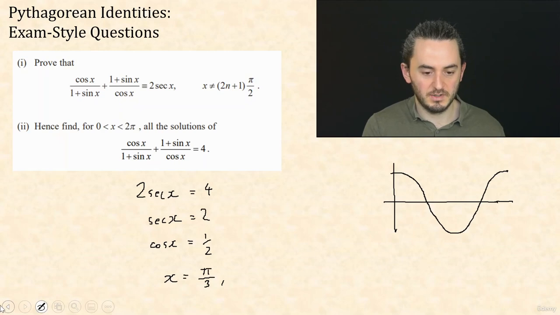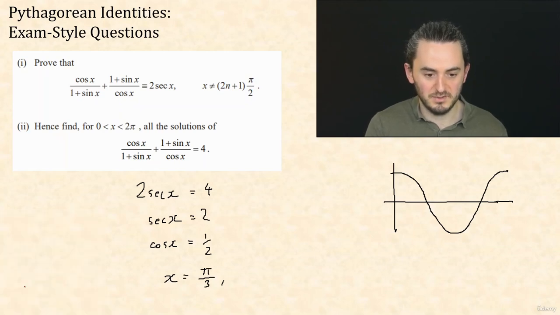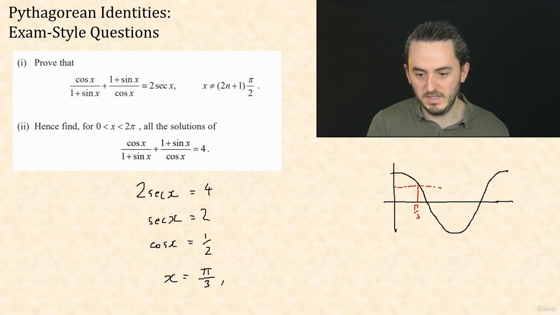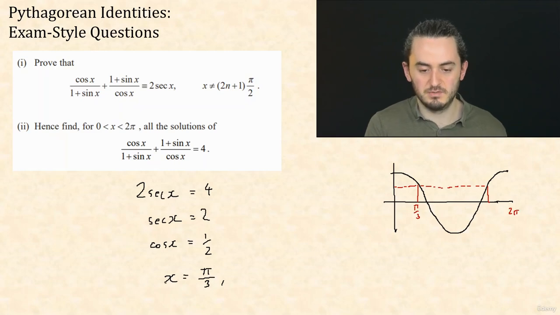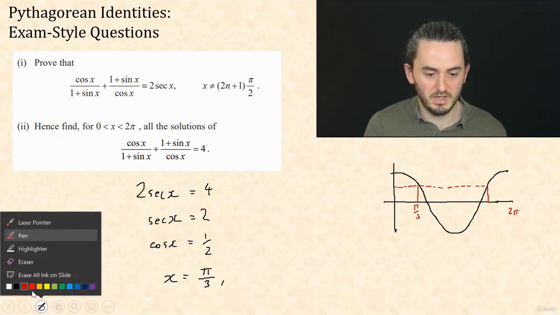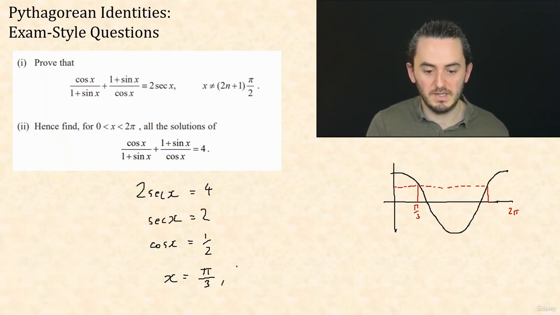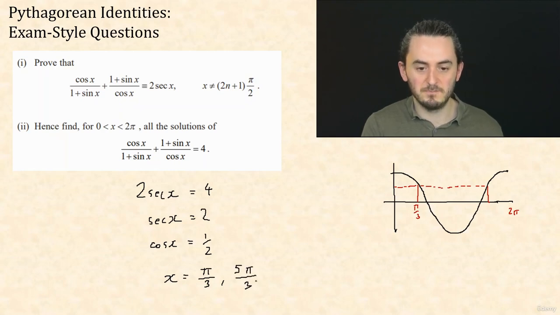So what has our calculator done, or our brain, in solving that? It says, when is cos x equal to a half? And it's looked across and said, here, pi over 3. And we need to keep going and say, I want my next one here, which is 2 pi minus my previous answer. So 2 pi minus pi over 3, and that is 5 pi over 3.